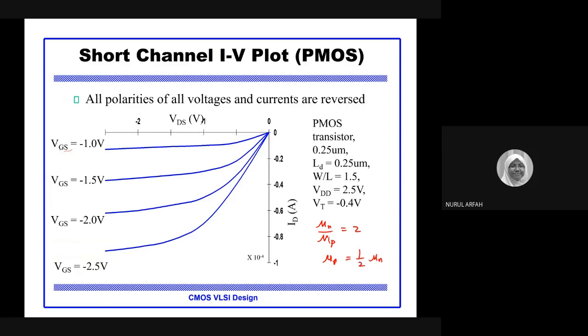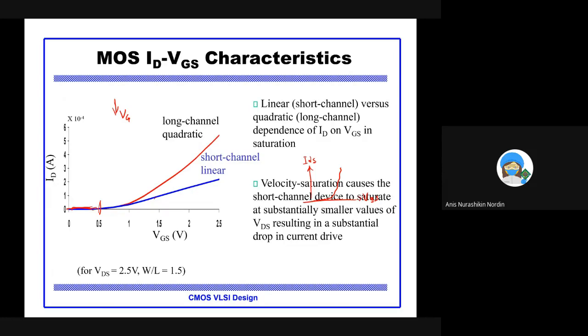So the hole usually moves slower than the electron in the NMOS. So the effect of velocity saturation is less pronounced for the PMOS than the NMOS, because PMOS has lower and smaller mobility of the holes. Okay. So PMOS memang dah lembab, so tak apalah kan. Okay, boleh continue.